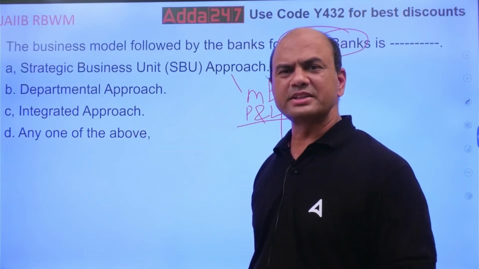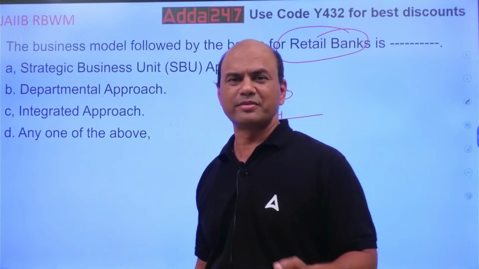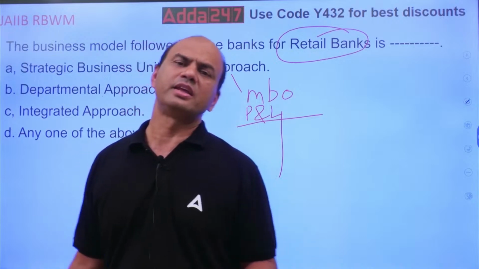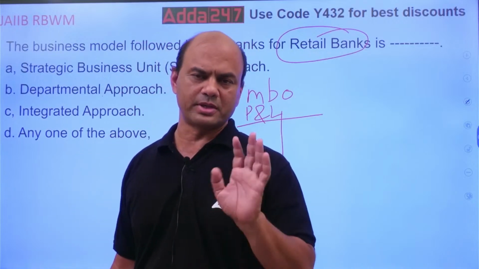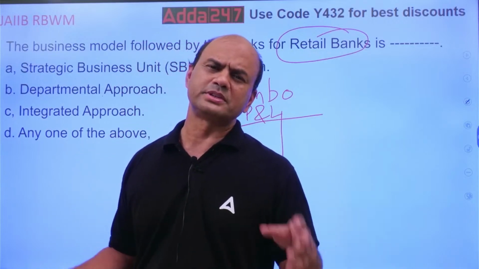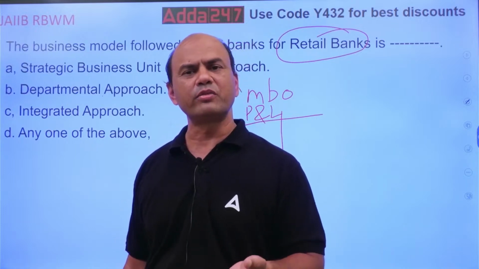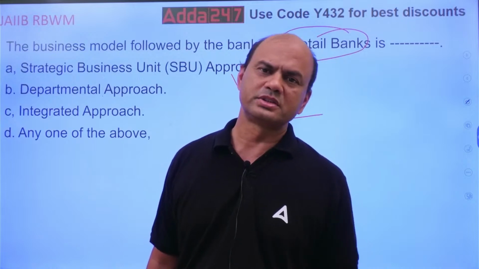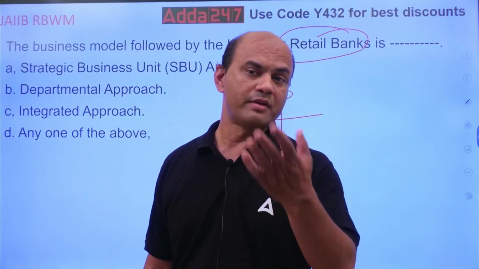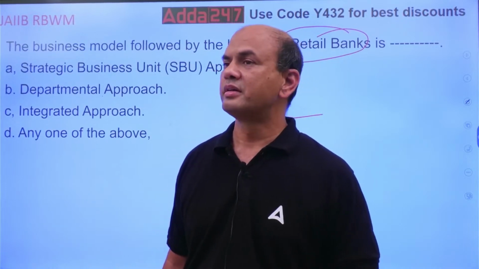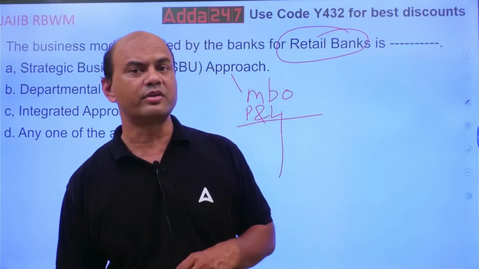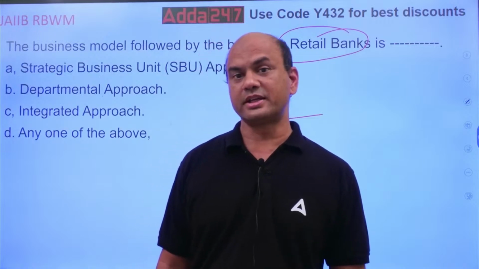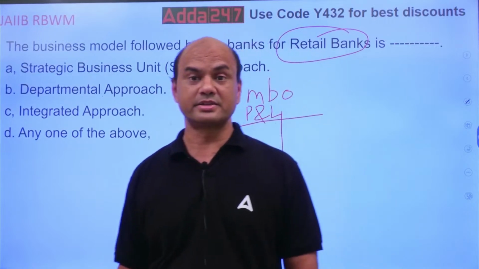Now many of the branches are deposit branches. Some of them say, no, we are a deposit branch, so we won't have any income. Suppose there's a deposit branch, only deposits are there, no loans. There are many smaller branches, extension counters, in many banks.